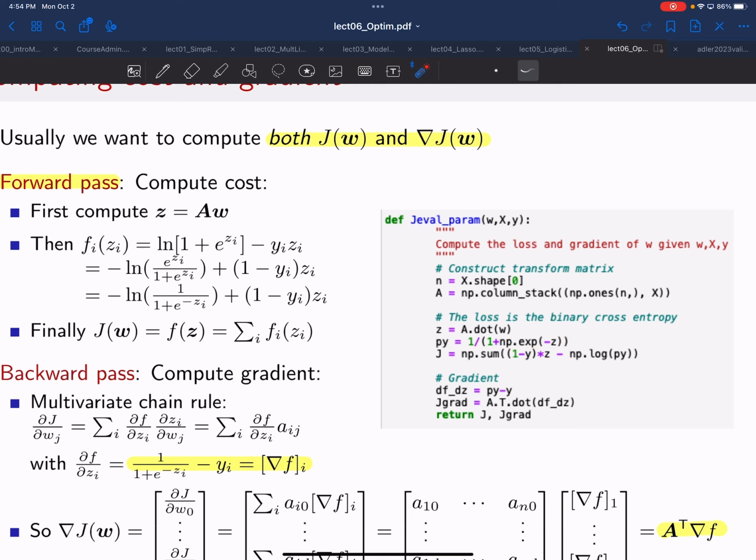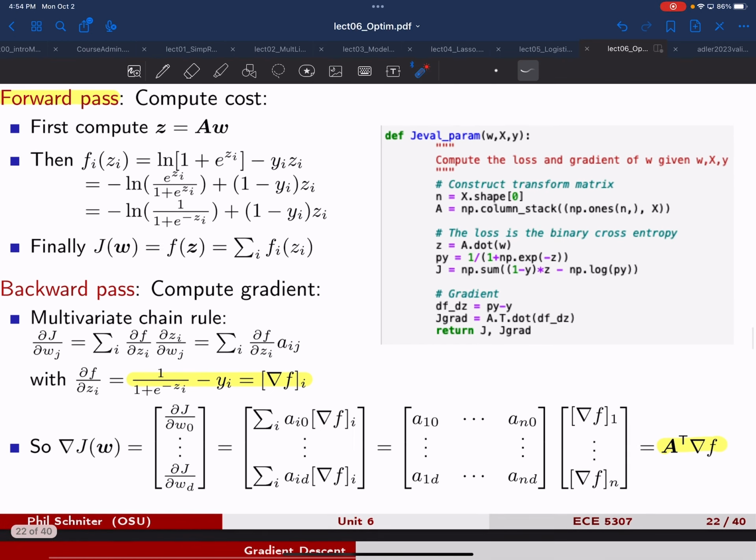And finally, now that I have those py's calculated, I can compute this. So I'm going to sum this over all the i terms. And the first one is going to be 1 minus y times z, that's this, and minus log py, that's this. Okay, so basically that's how we can get our cost, J. And now our gradient, because we did this hard work before, the first thing we can do is, let's see, df/dz, so that is this term.